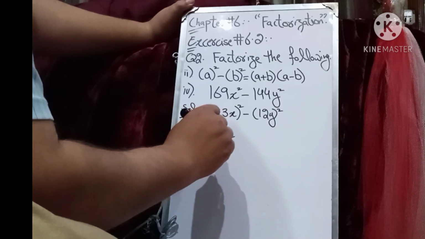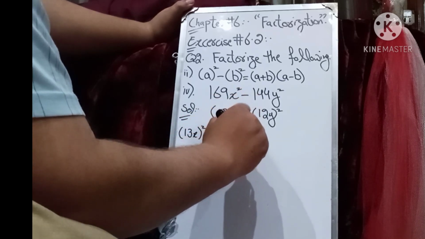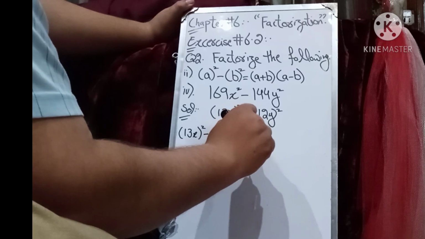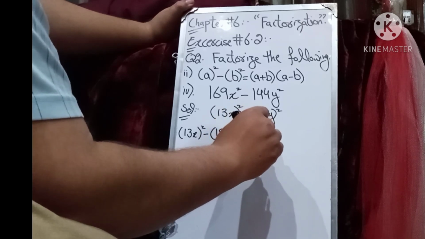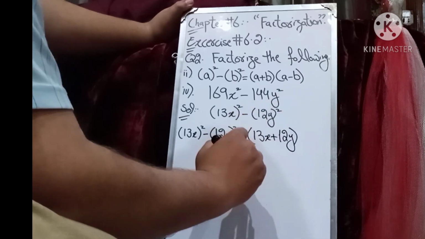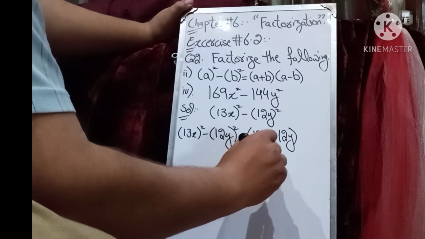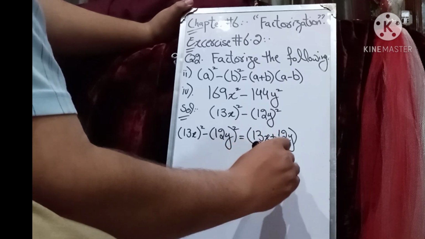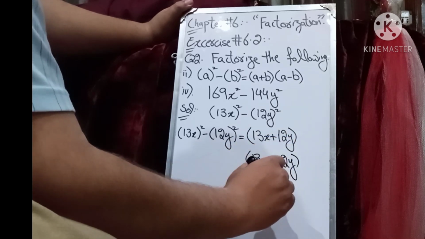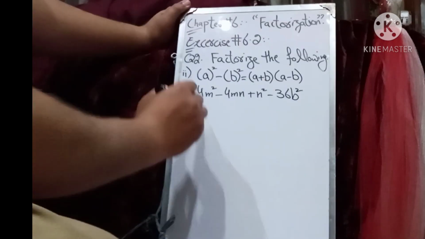So you can write two factors, one in plus and the second one in minus. 13x square minus 12y whole square is equal to 13x plus 12y multiplied with 13x minus 12y. These are the two factors, one is in plus and the second one in minus. This is our required answer.